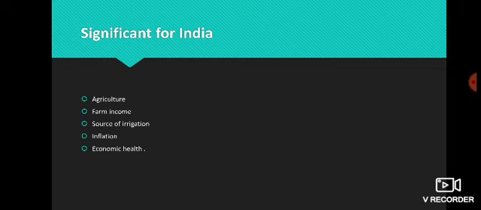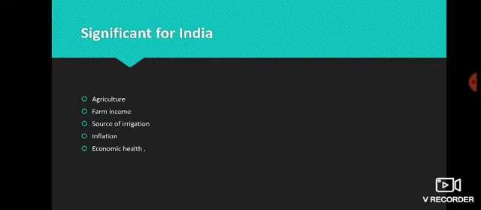Another point is that though we can say simply that it is important for agriculture because it affects the monsoon, we have a wider explanation also. If agriculture is affected, or agricultural production is reduced, definitely it leads to inflation.